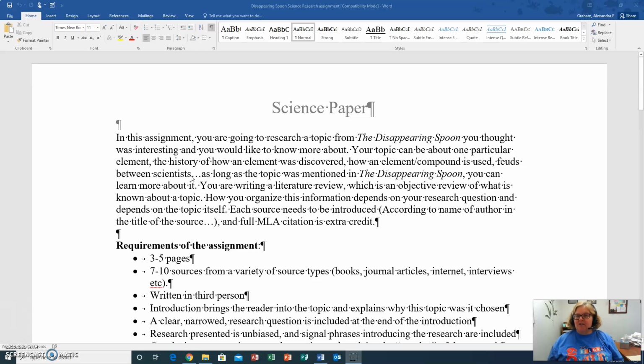Then the scientist would go and find out all the different research that's already been written about how salt and water react, and will find out that generally what happens when you put table salt and water together is that the table salt dissolves into the water and turns into salt water. And so at that point, the scientist is like, well, everybody already knows that, so maybe I'll go find a new topic. All right. And so a literature review is just what is already known about blah, whatever that is.